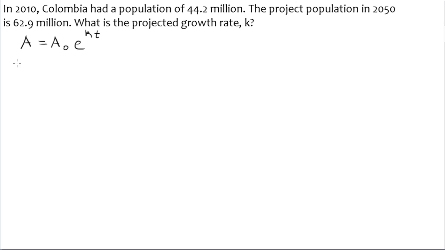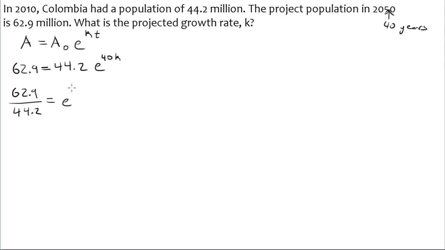So in this case, 62.9 is equal to 44.2 times the exponential function of the growth rate, and this is 40 years here, so that's 40 times the growth rate. Cool. So we take a ratio, 62.9 divided by 44.2, and that's equal to e to the growth rate times 40.